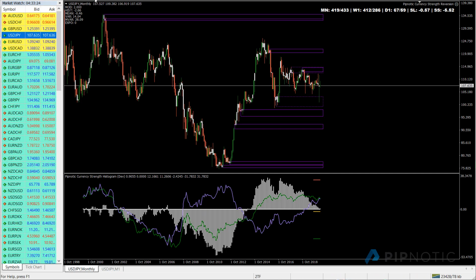But what we can see is the Japanese yen moving higher, and the American dollar also moving a little bit higher, but not so much relative to the Japanese yen. If we look at where these two overlap, we had a line here, and another one just here.